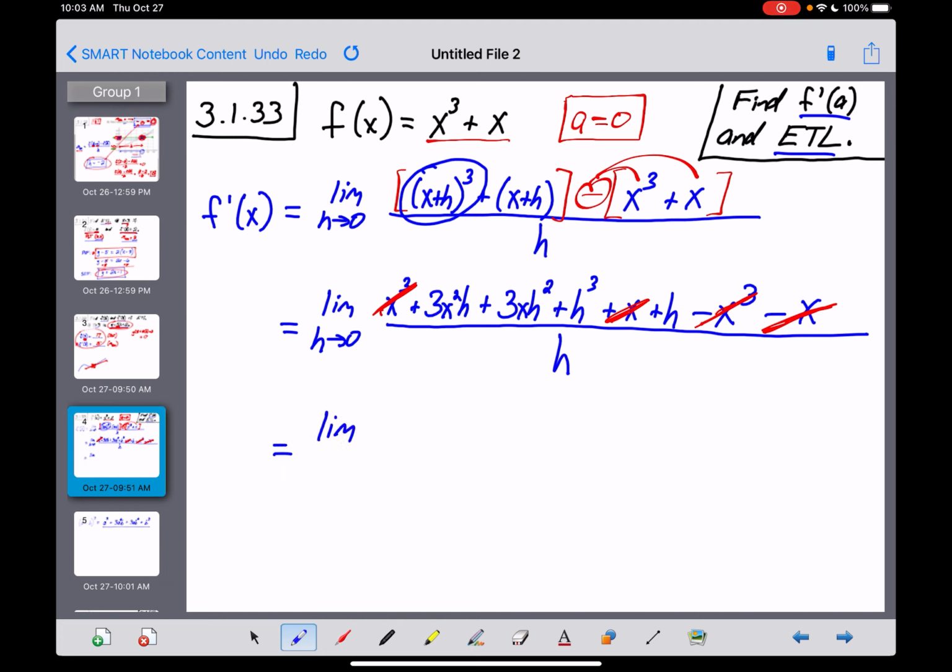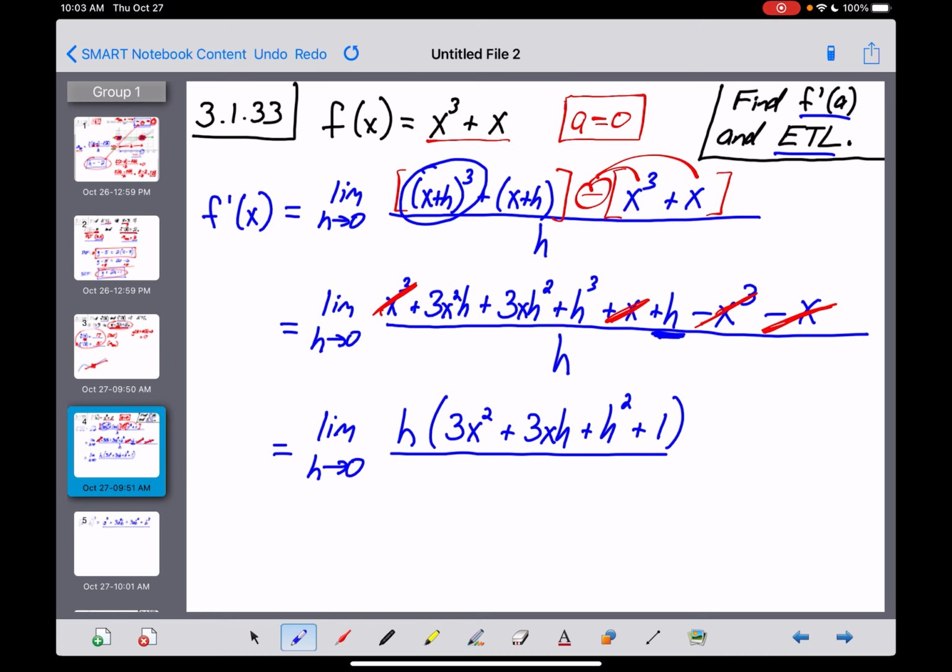So, what do we do now? We're going to factor out that h from the numerator. Pulling the one h out, that's going to leave us with a 3x squared plus a 3x times just an h, plus we now have an h squared, and then don't forget this guy right here. There was an h, we pulled the h out, we're actually dividing h by h, you end up with a 1 there, all over an h on the bottom, and as we hope to see happen, this h cancels with this h.